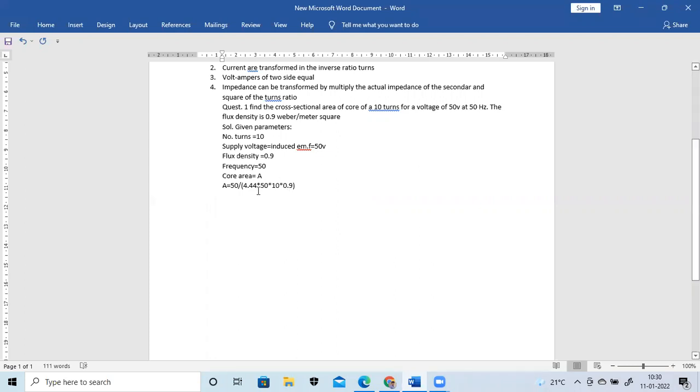If you solve this equation, you will get the value of almost 0.025 meter square.